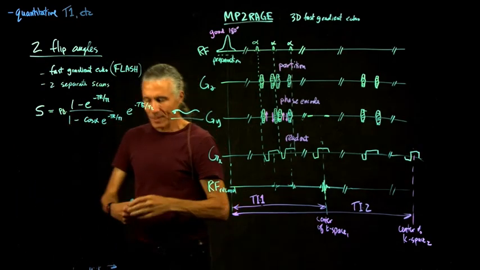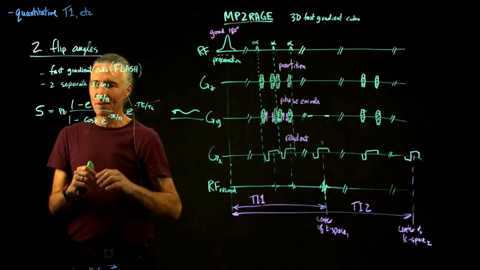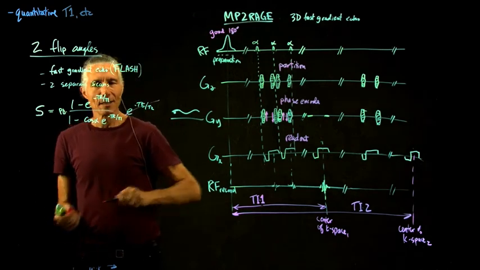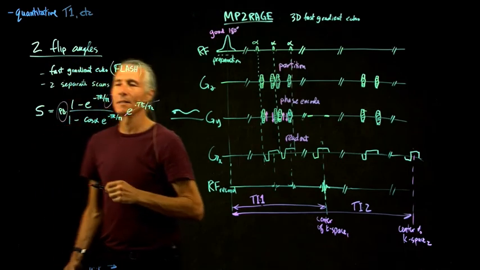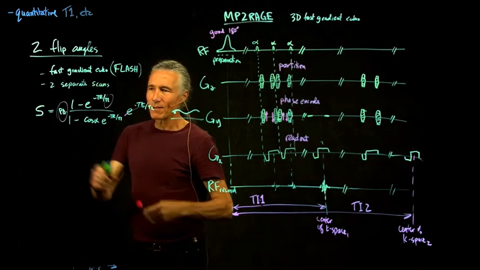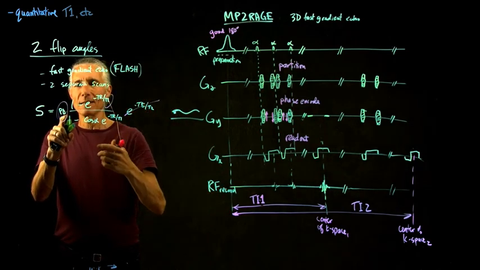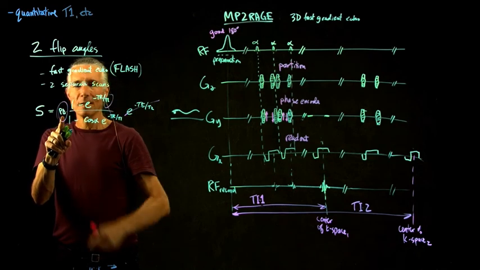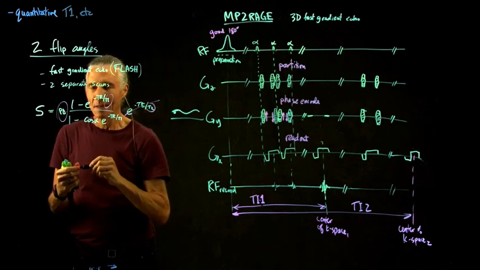So if we just throw out this term temporarily, we'll say how we could fix that. Then we've got two unknowns: proton density and T1. If we just have one signal with two unknowns, then obviously we can't distinguish proton density from T1. There's another unknown here, but we threw it out for now.